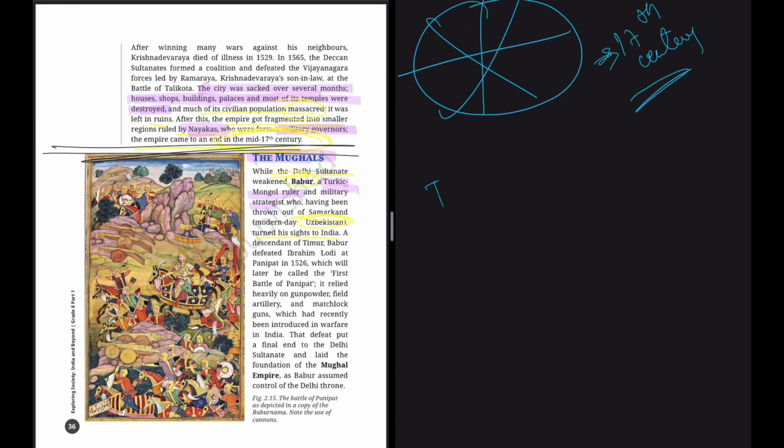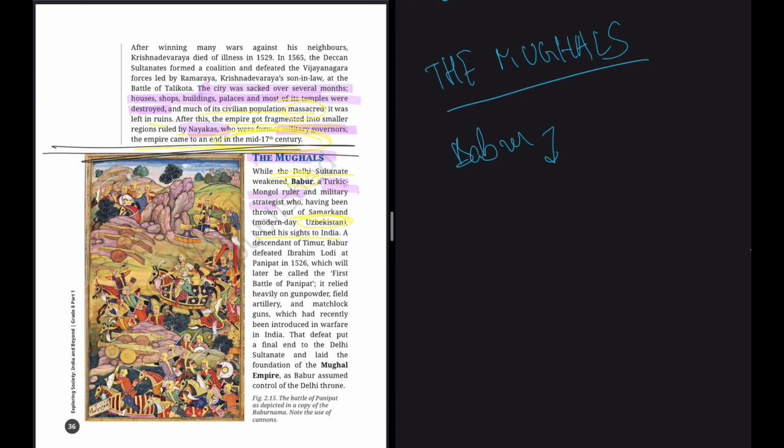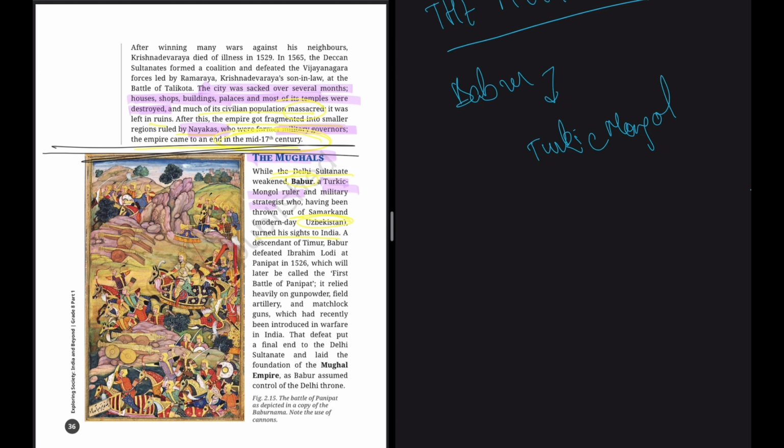Now we'll be starting with the Mughals. First we have to speak about Babur, who was a Turkic Mongol ruler and a military strategist, and he had been thrown out of Samarkand, which is modern day Uzbekistan, and he turned to India. He was a descendant of Timur.